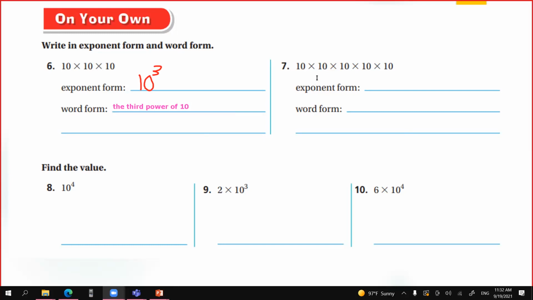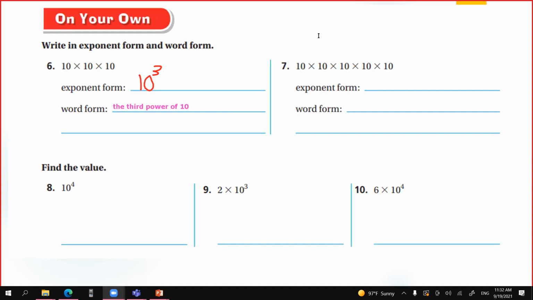This is number 6. Go to the next page. Now, number 7. Muna. Yes, Muna. 10 times 10 times 10 times 10 times 10.